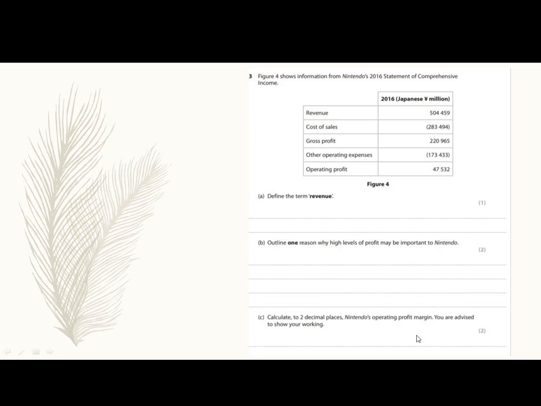Operating profit margin is calculated as operating profit divided by cost of sales. So we take operating profit, we divide it by cost of sales times 100%, and our answer is going to be 9.42%. So it's going to be like 47,532 divided by 504,459 times 100%. 9.42%.